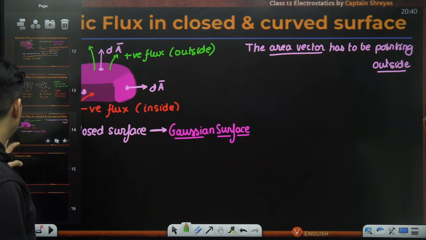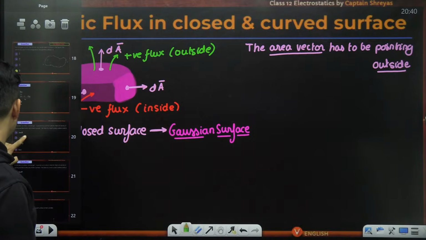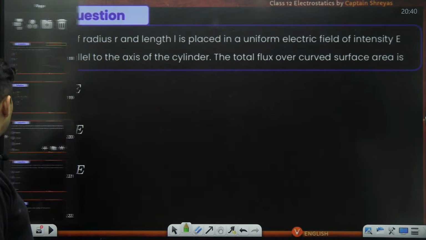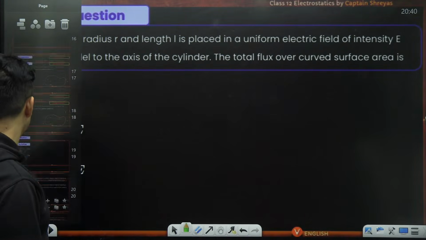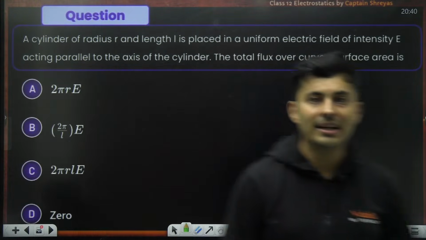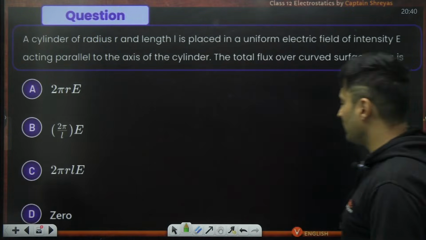So now that we have written this down, let me do some questions on this. Okay, there is a cylinder of radius r and length L, which is placed in a uniform electric field E, which is acting parallel to the axis of the cylinder. What is the total flux over the curved surface area?